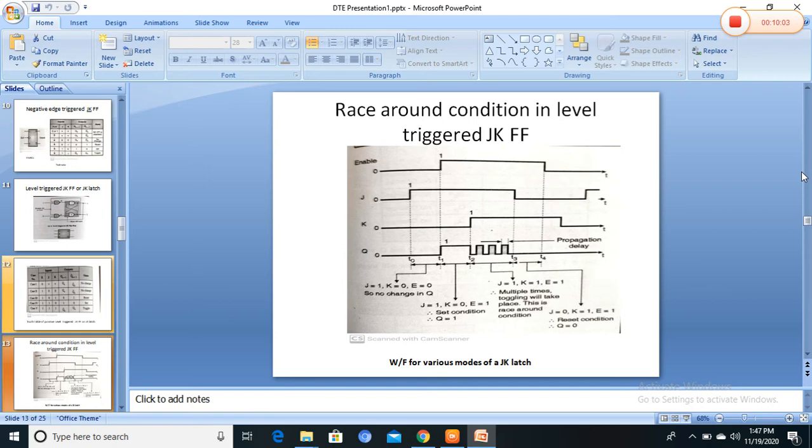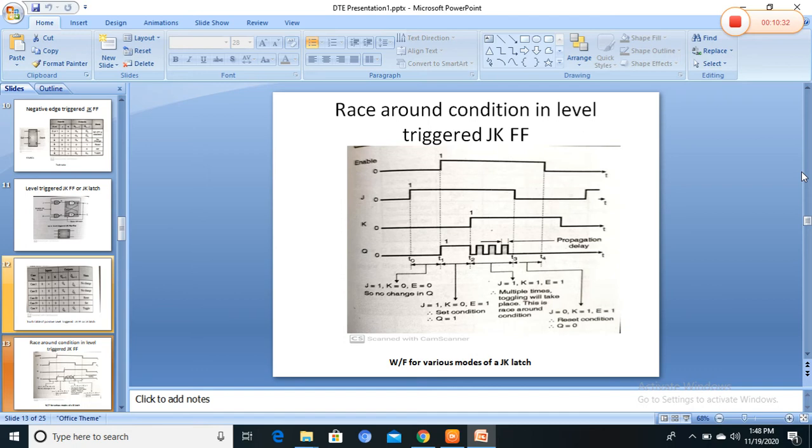But when the clock pulse is applied, there is an undesirable change in the state more than one time. That condition is called a race condition, and that multiple toggling in a JK flip-flop is called a race around condition.